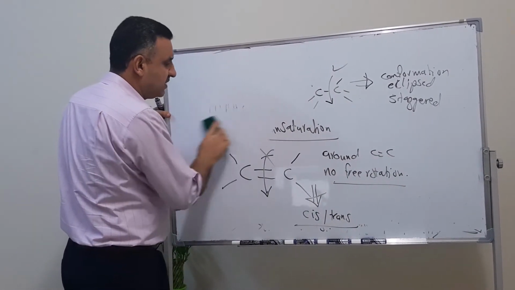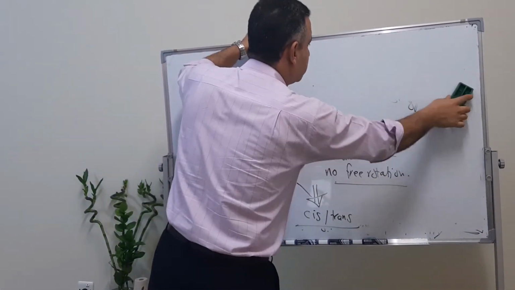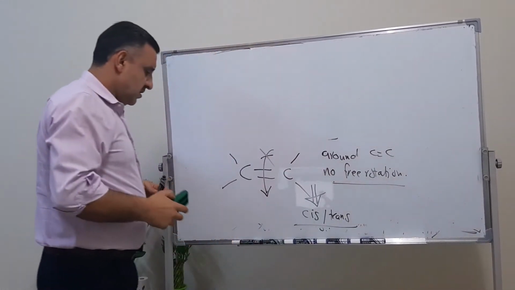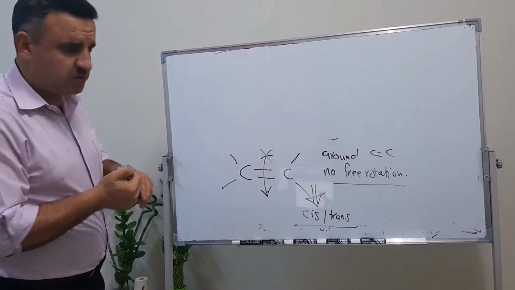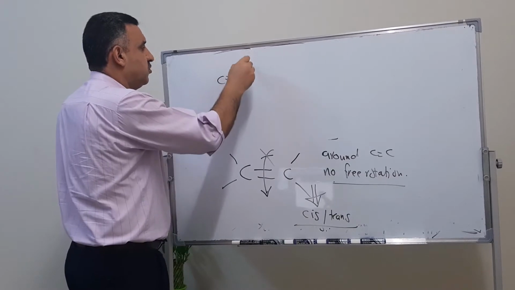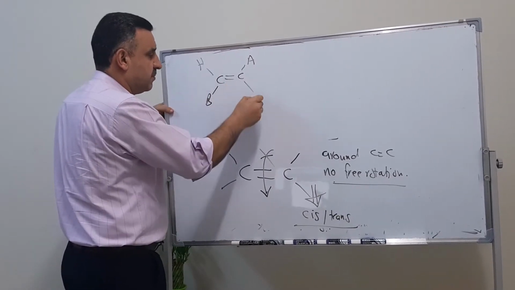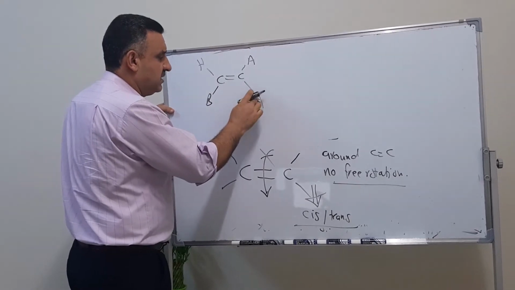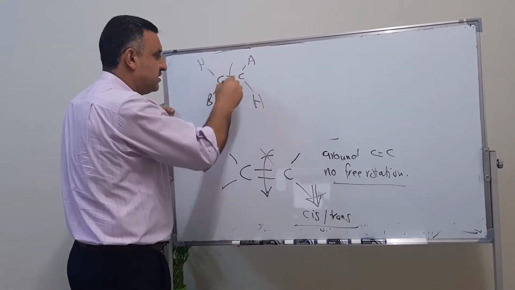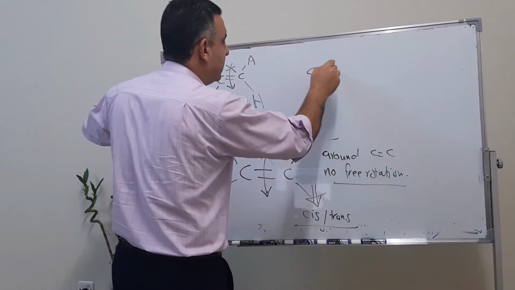We use the words cis and trans to indicate the orientation of the groups to each other around the carbon double bond carbon. If we have two groups, suppose A and B, around carbon double bond carbon, because free rotation is not allowed, this compound will differ from this compound.